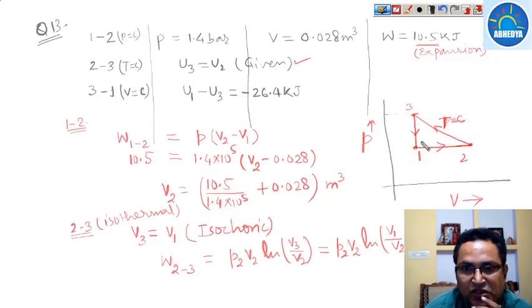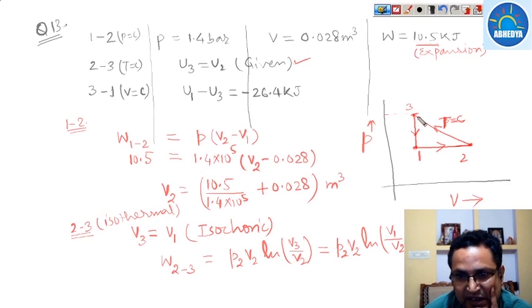Because once you see the cycle, it is a counterclockwise direction cycle. Since it is counterclockwise, it is a work consuming device. So due to the work consuming device, the net work is done on the gas. So it will be a negative number.